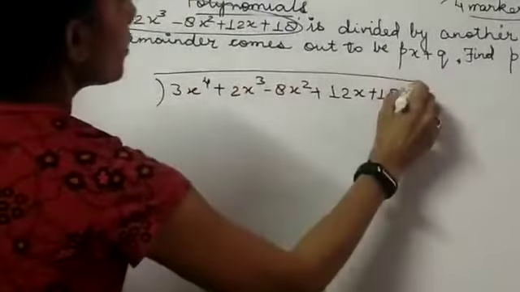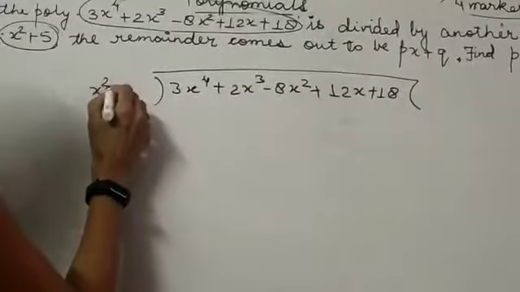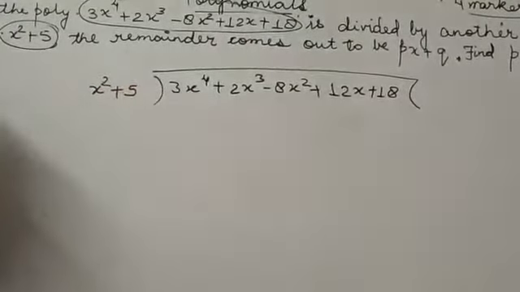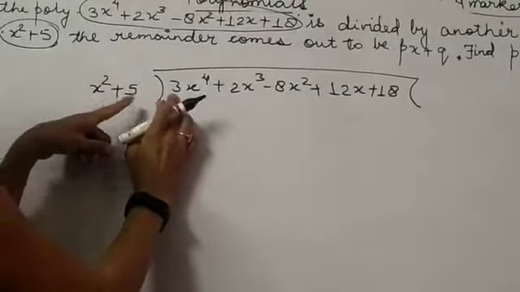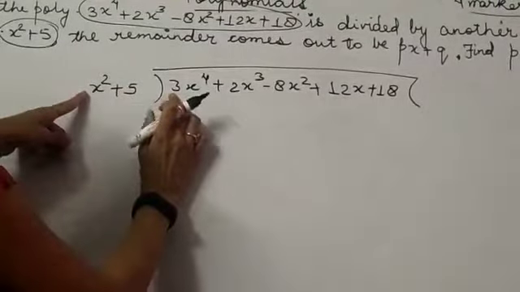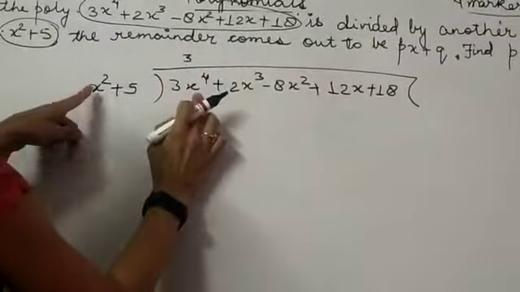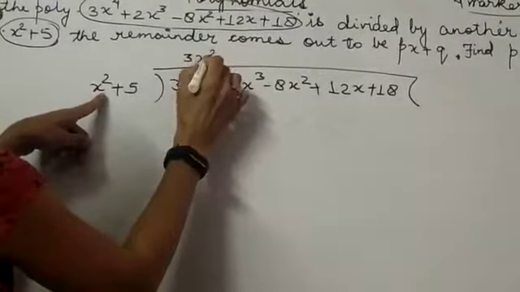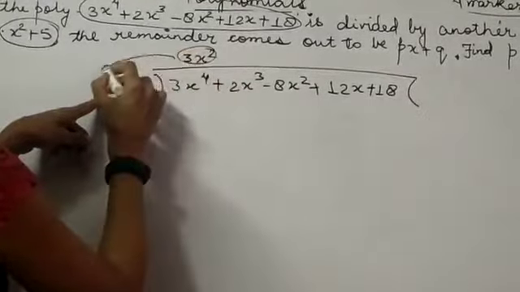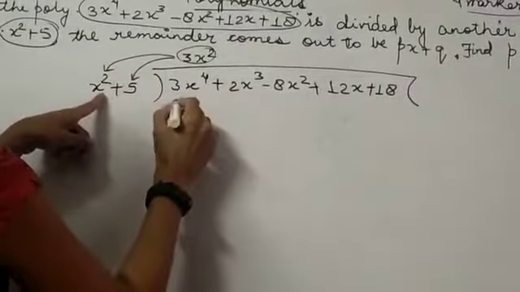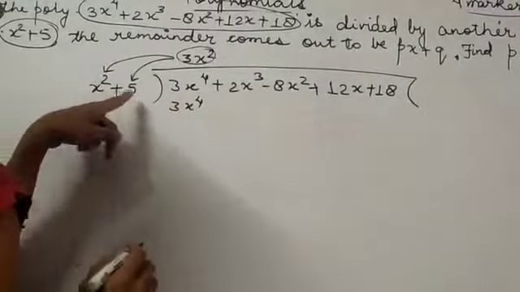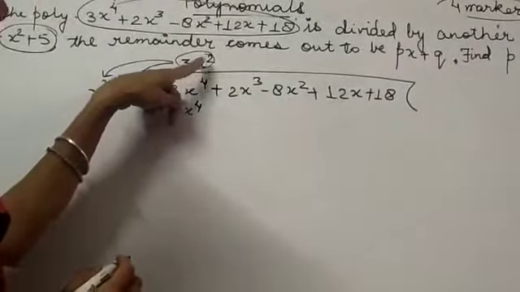This is your polynomial, which should be divided by x square plus 5. Now you see, first of all, here it is 3, here it is missing. So 3x cube and this is x square, so here it is x square. Multiply this term with this also and with this also. So it will be 3x raised to power 4, 5 3s are 15x square.